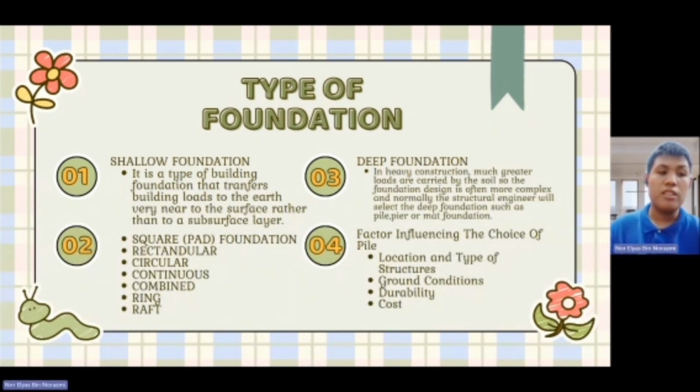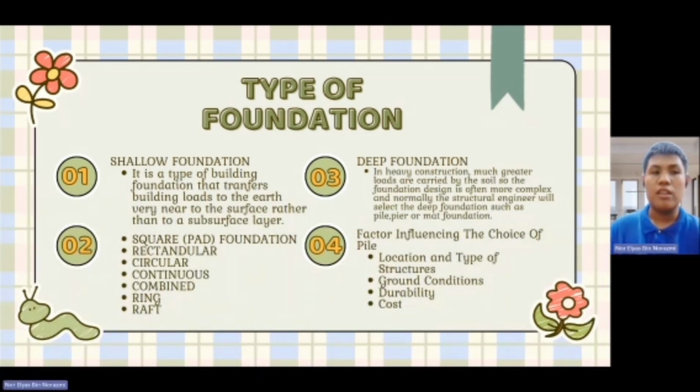Ring foundation is a wall foundation that is circular in shape. The last is raft foundation. This is used in heavy construction where the load needs to be distributed over a large surface area. This kind of raft foundation is usually used in soft soil such as clay.